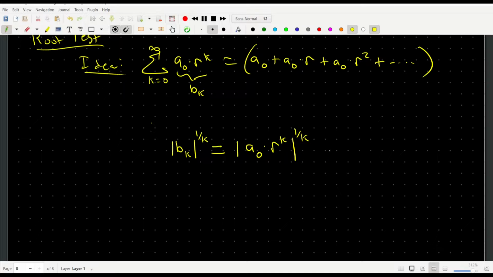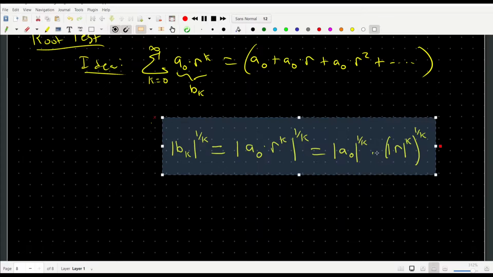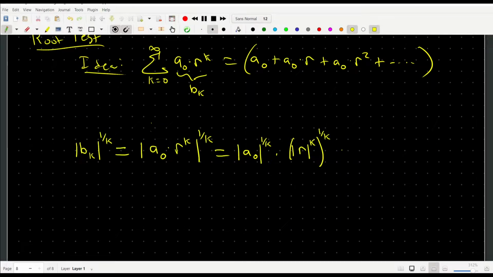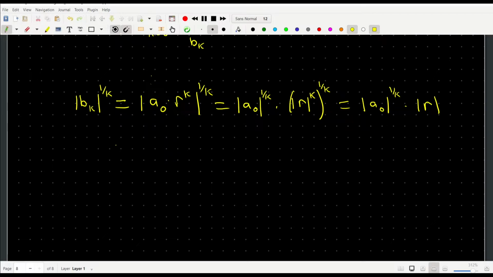The kth root of this is going to be the absolute value of a naught to the 1 over k, so the kth root of the absolute value of a naught, times the kth root of the absolute value of r to the k, which is just equal to a naught to the 1 over k times the absolute value of r. So this is, remember, for a geometric series.